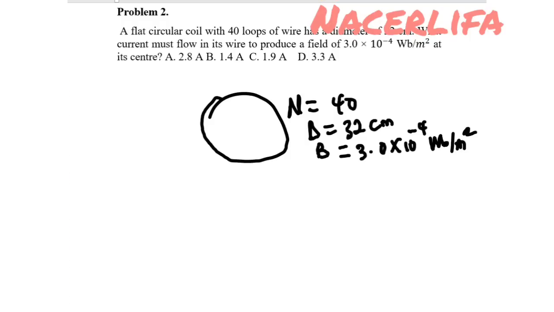So to solve this problem, we shall be making use of the Biot-Savart relation for a current or circular loop. The Biot-Savart relation for a current or circular loop is given as B equals mu naught N I upon 2R, where mu naught is magnetic permeability.